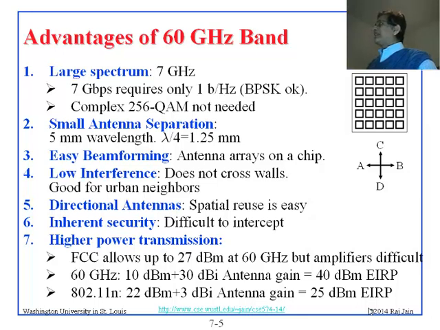At 11n, you put 22 dBm and a 3 dBi antenna to get 25. So there we go almost up to the limit allowed, but we don't use antenna gain. Here we just use the antenna gain as the main thing. Antenna gain is easy. Directions are easy.